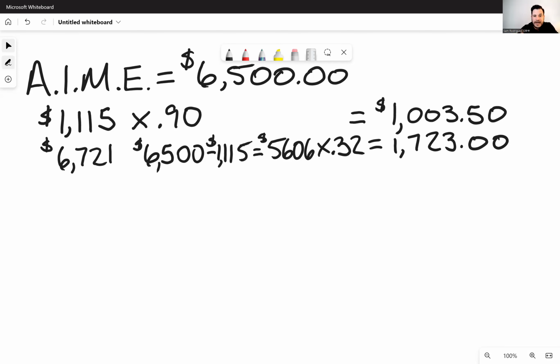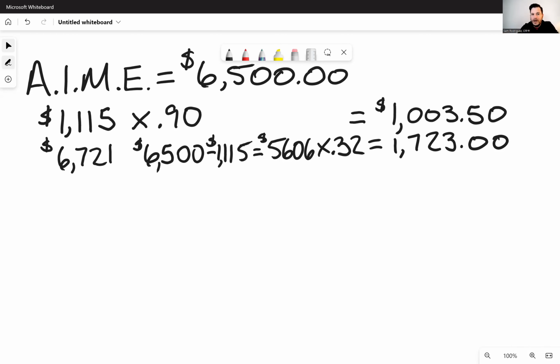Now, if you had had higher than 6,721, instead of subtracting that 1,115 from the 6,500, we would have subtracted 1,115 from the 6,721, right? And then multiplied that number by 0.32. And then we would have done this.